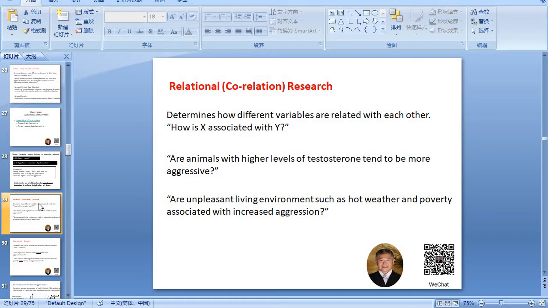And I can also investigate whether there's a correlation between poverty and aggressiveness. Poverty can be measured as income, people's annual income. Is there a correlation between how much money people make and how aggressive they are? These are correlation questions.